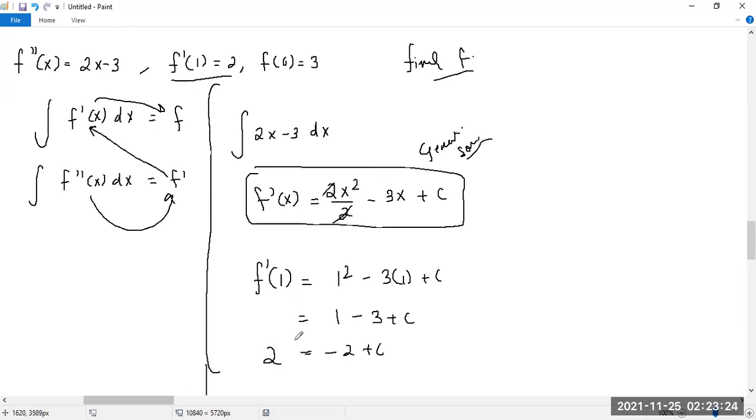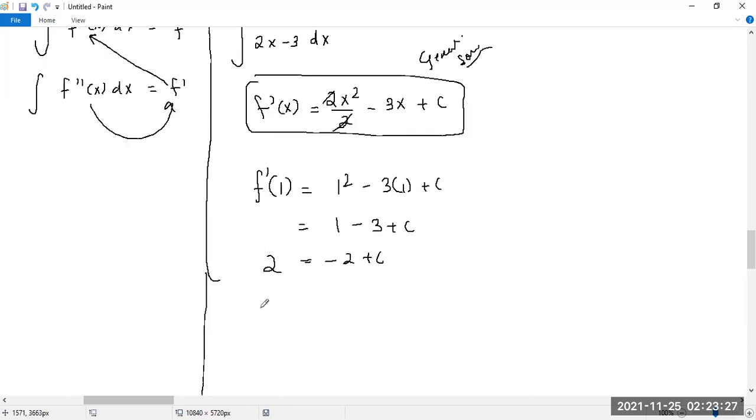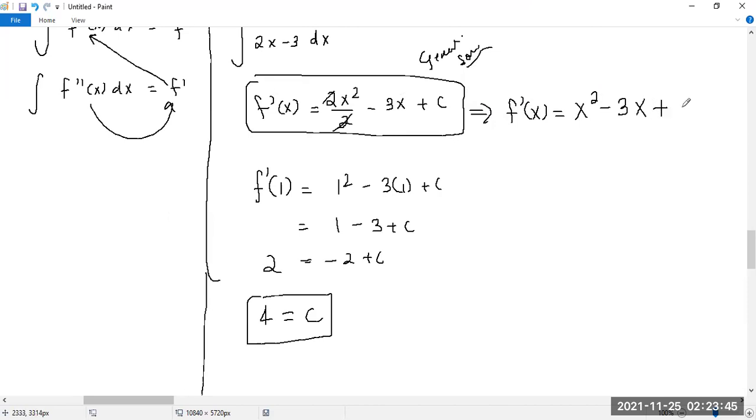So I can put 2 here, and then I will get 4 equals c if I add this to the other side. So 4 is equal to c. But then my specific solution would be f prime of x equals x squared minus 3x plus 4, because I know that now my c is 4.